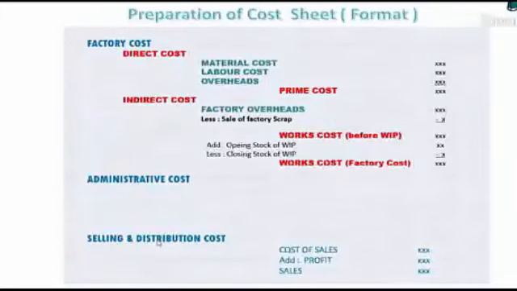You take a direct cost, material, labor, overhead, then you say I have calculated prime cost. Once the prime cost is calculated, then we add all factory overhead. One miscellaneous adjustment is there, less sale of factory scrap. If you add these things together, we get the answer: works cost.